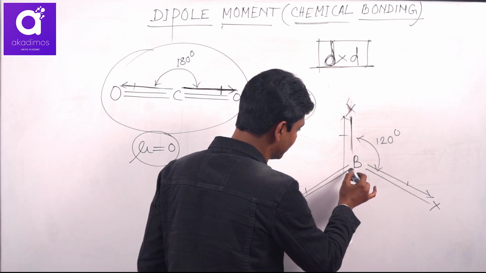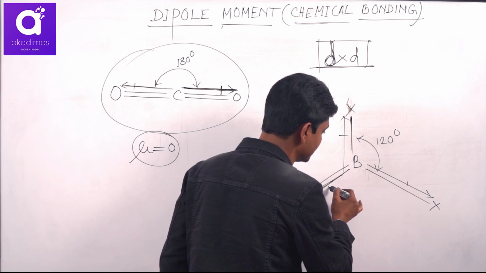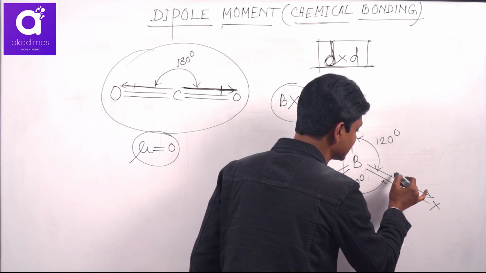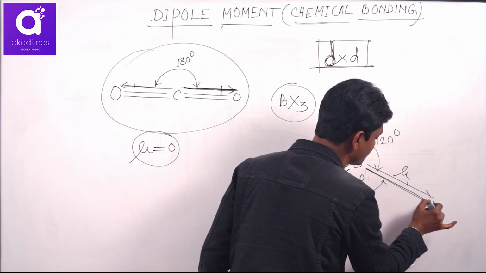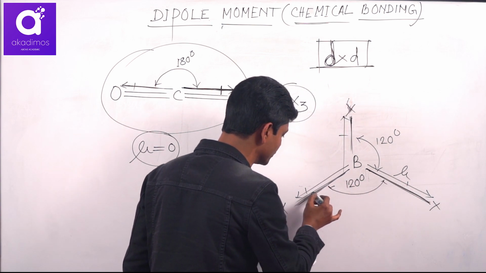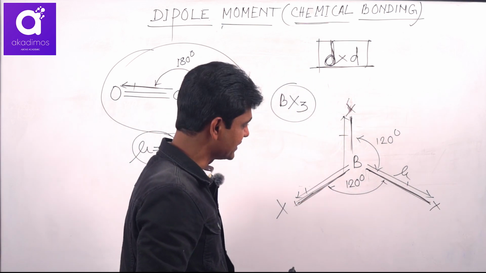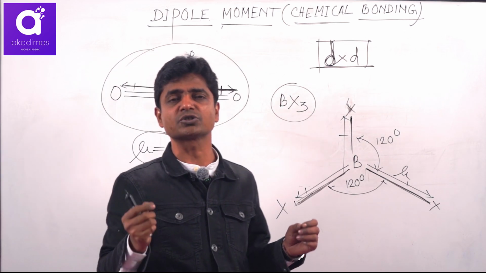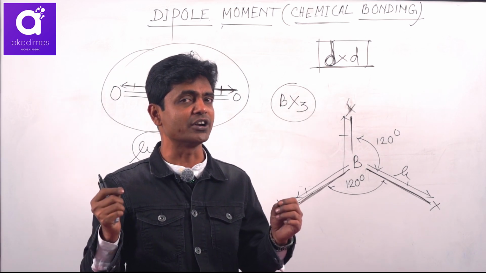Now you have an idea about the vector. If this angle is 120 degrees, and if I take the value of this BX bond moment as mu, then consider these two bonds at 120 degrees; the resultant moment, you know the formula, is root under mu square plus 2 mu into mu cos 120 degrees.